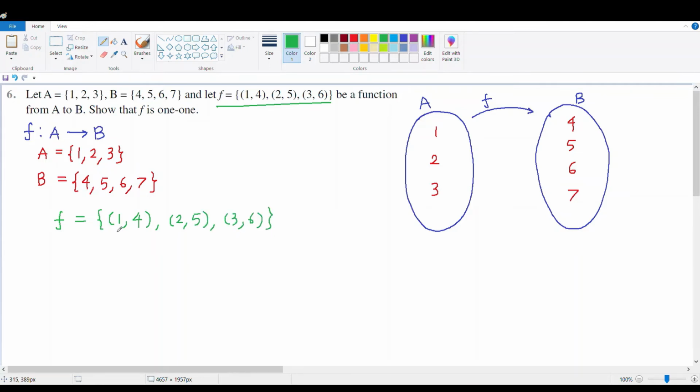This means 1 is connected to 4, (2, 5) means 2 is connected to 5, and (3, 6) means 3 is connected to 6 in this codomain.